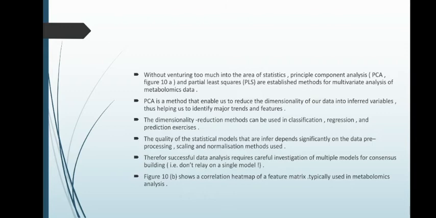The quality of statistical models that are inferred depends significantly on the data processing, scaling, and normalization methods used. Therefore, successful data analysis requires careful investigation of multiple models for consensus building, so don't rely on a single model.